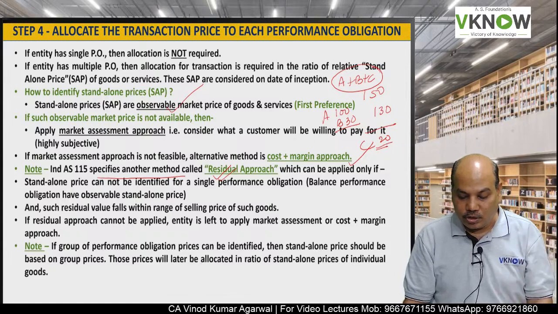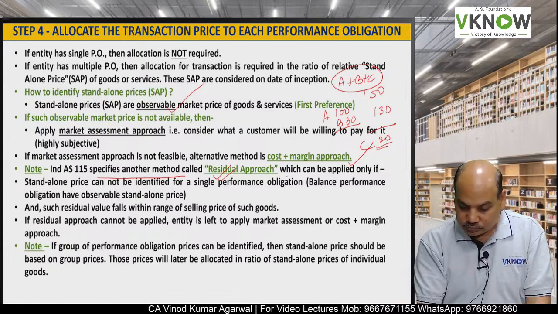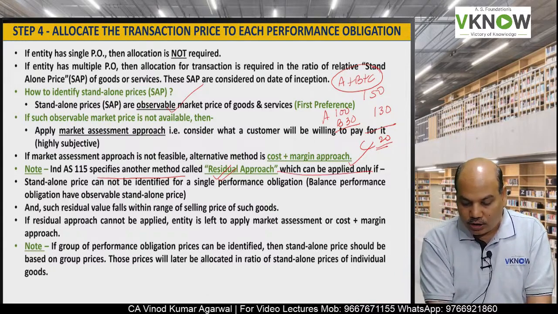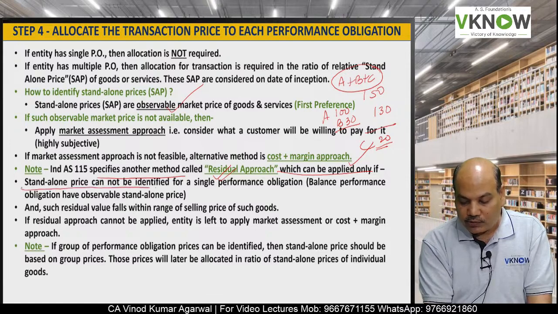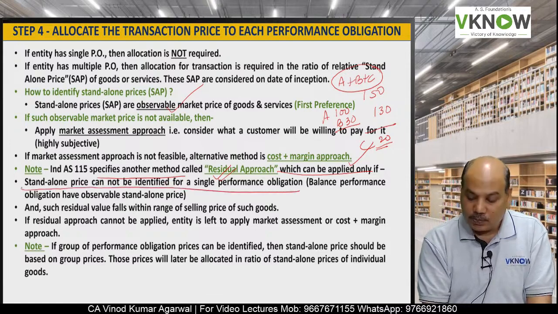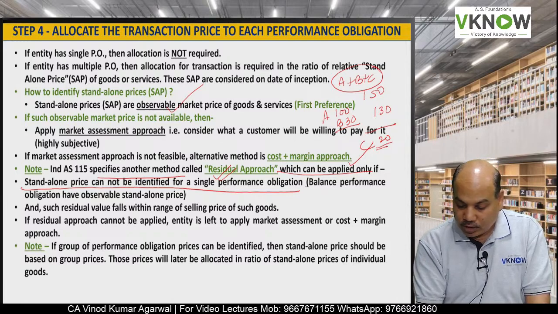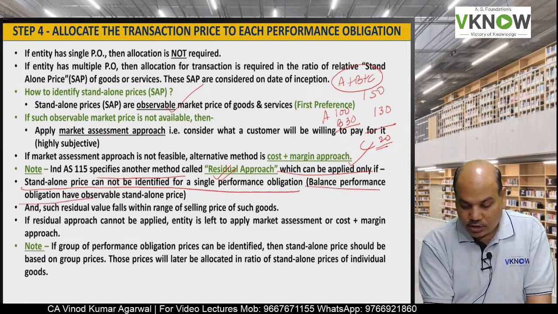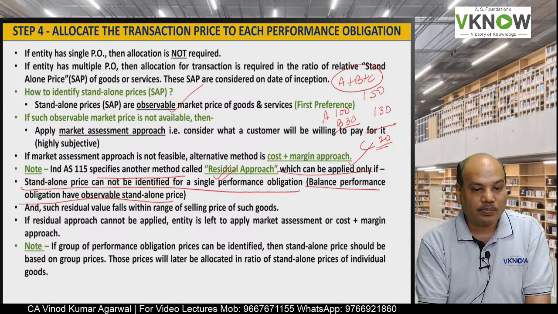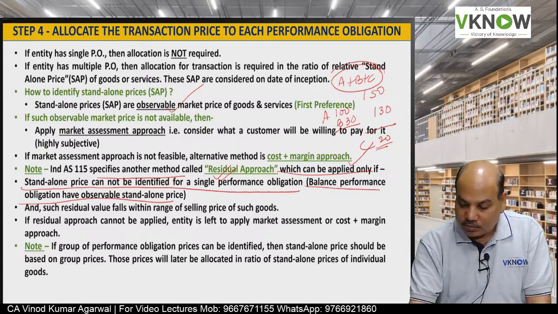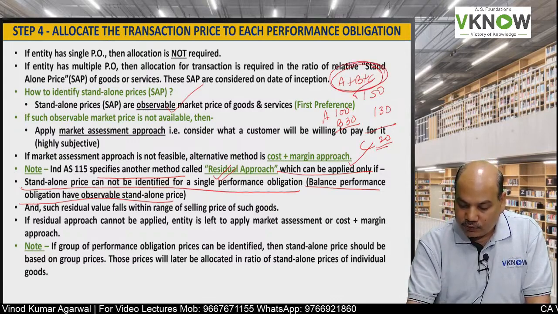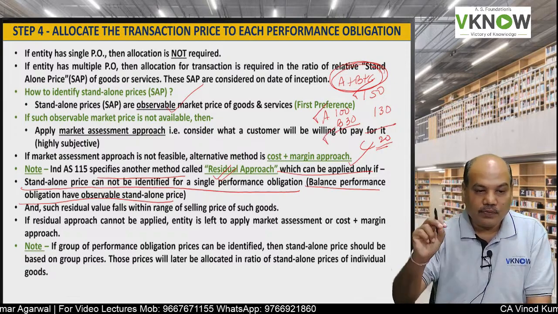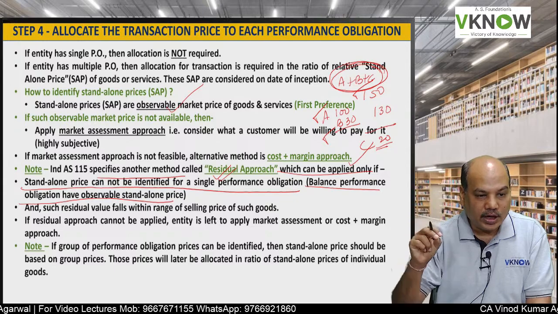But there is a small condition: it can be applied only if the standalone price cannot be identified for a single performance obligation, and the balance performance obligations have observable standalone prices. So if A, B, C together are sold for 150, we should have observable standalone prices for A and B.